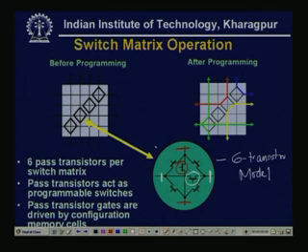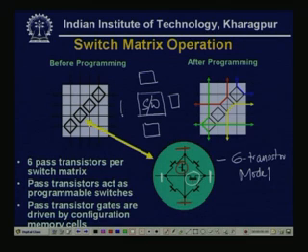Here the model we have taken is that one switch box is here, this is one programmable switch box, and the logic cells are kept or arranged like that, and these are the connections.